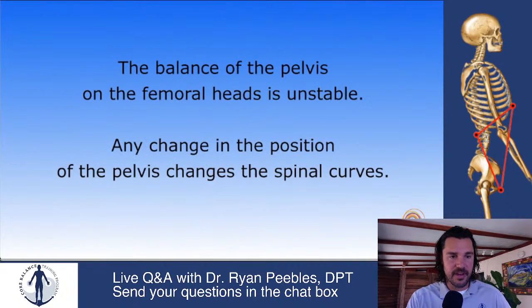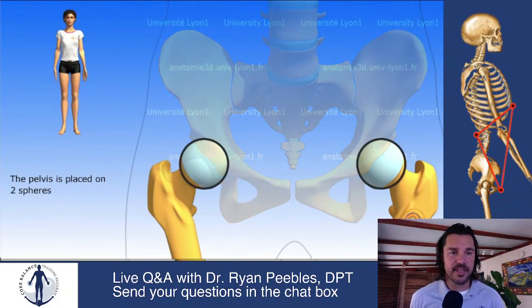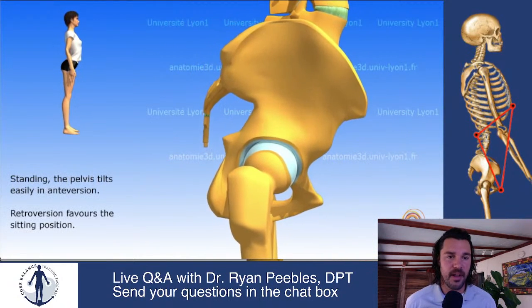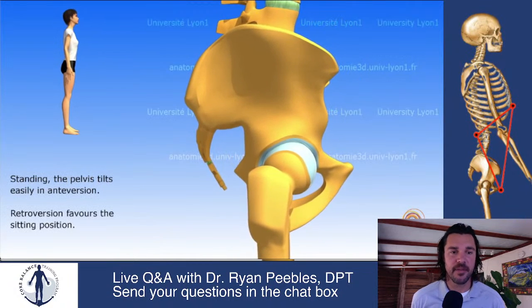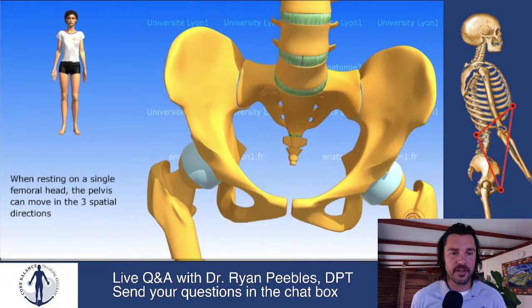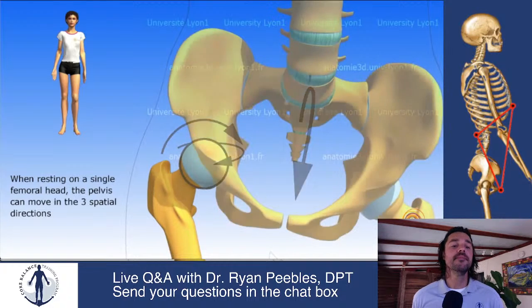And so now they'll get into a little bit of a more detailed rendition of this. So we have the spine and the discs. Here it's showing the hips, so you can see the ball and socket joints and how the pelvis rolls on top of it. And you can see how the pelvis tilts in 3 dimensions.